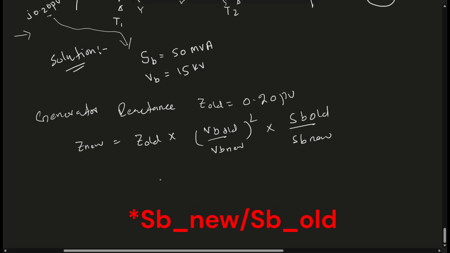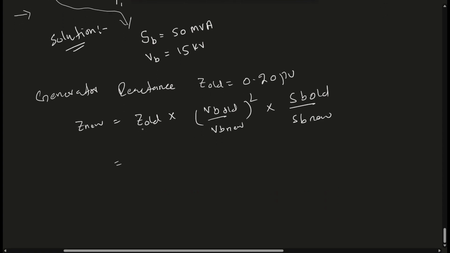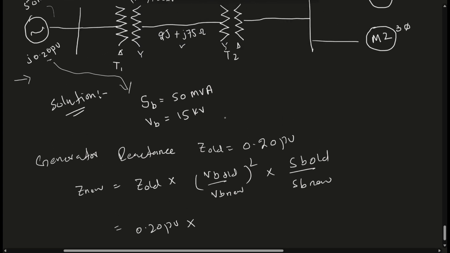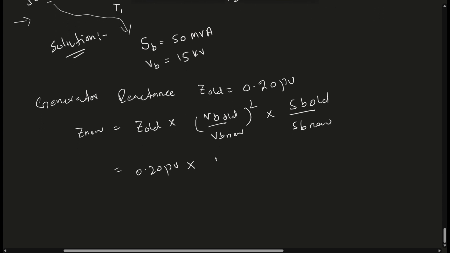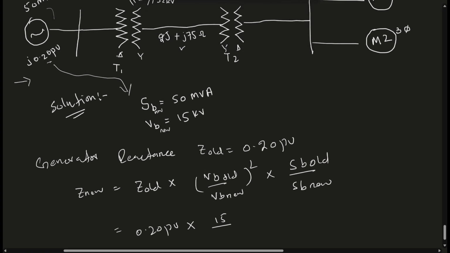Here the Z old is 0.20, multiplied by VB old. For the generator, VB old is 15, divided by VB new, which is also 15, the generator value we have selected.